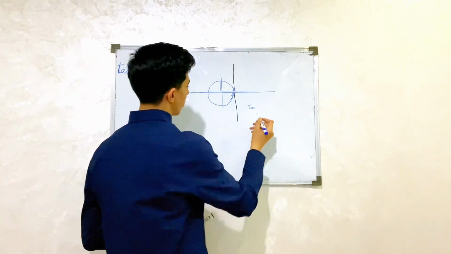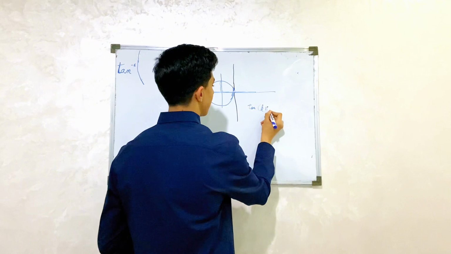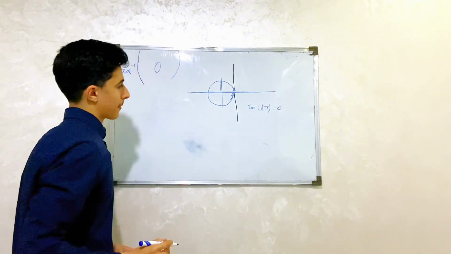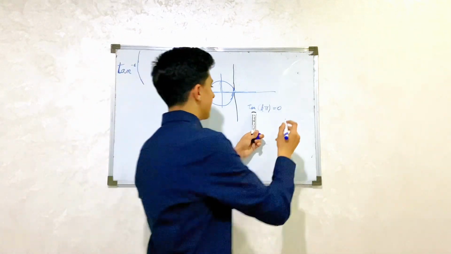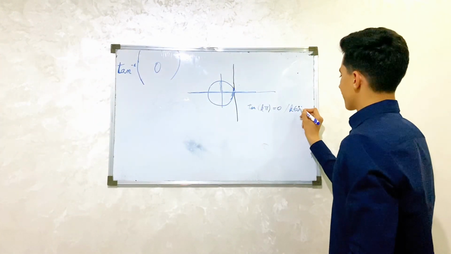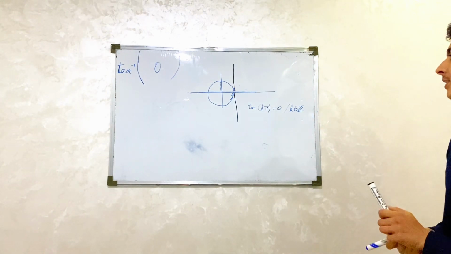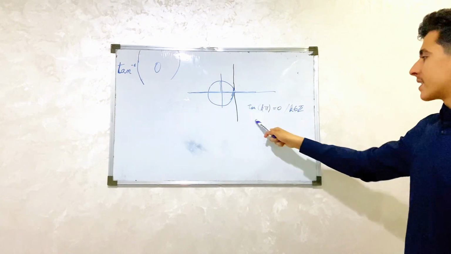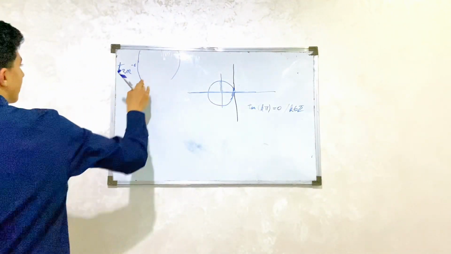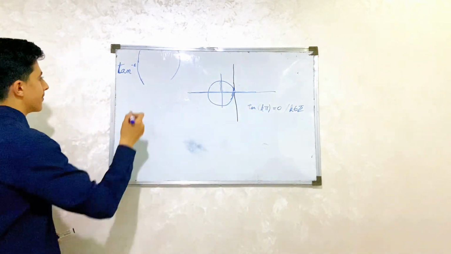So we are going to rewrite this as tan of k pi is equal to 0, k being a positive or negative integer. Right. So, we know that 0 is tan of k pi. We can go right here and replace 0 by tan of k pi.